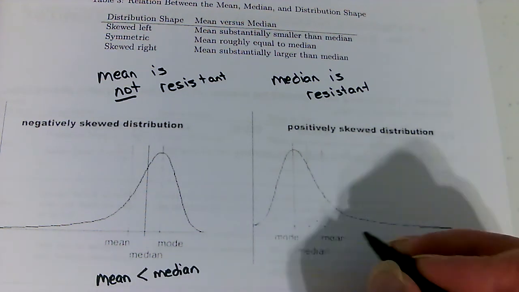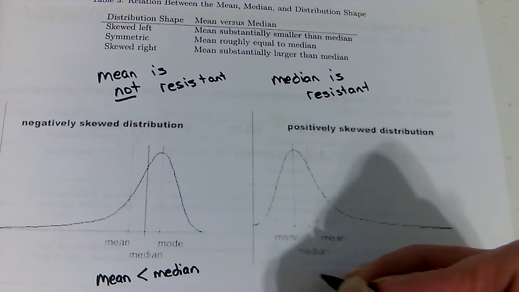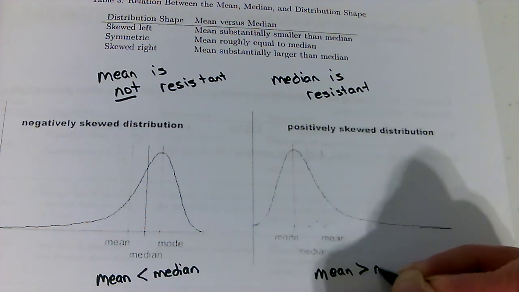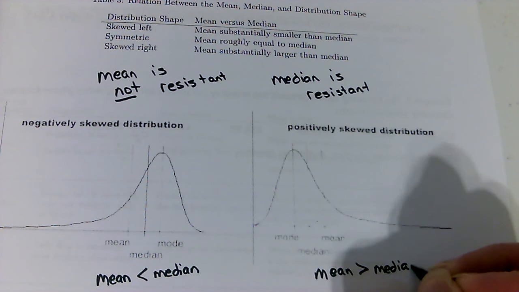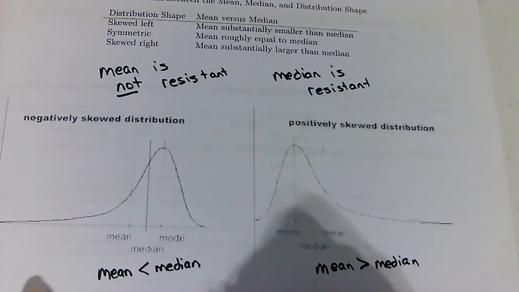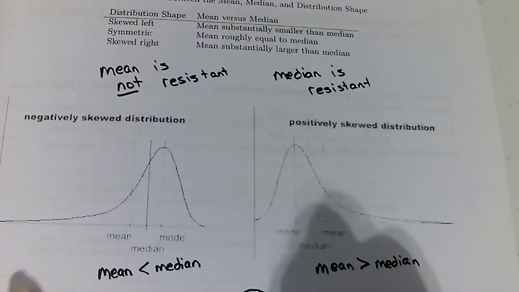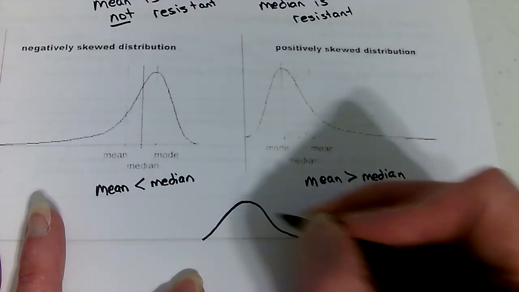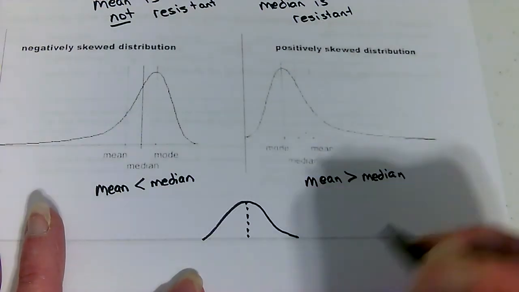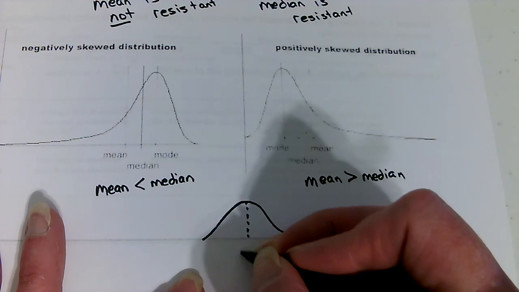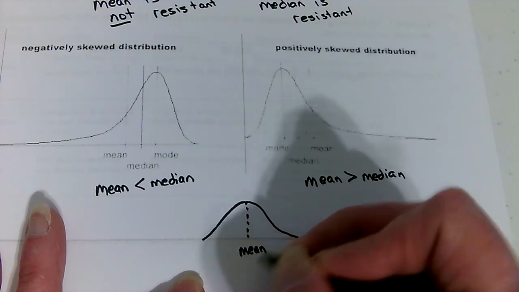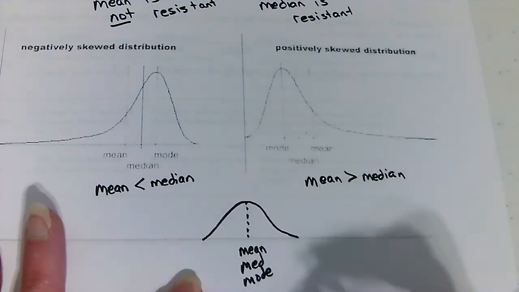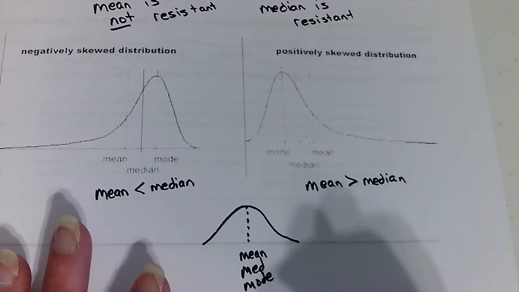And if we're right skewed, the mean is to the right of the median, so the mean is greater than the median. If it was perfectly symmetrical, all three of them would be the same. The mean, median, and mode would meet up right in the middle.